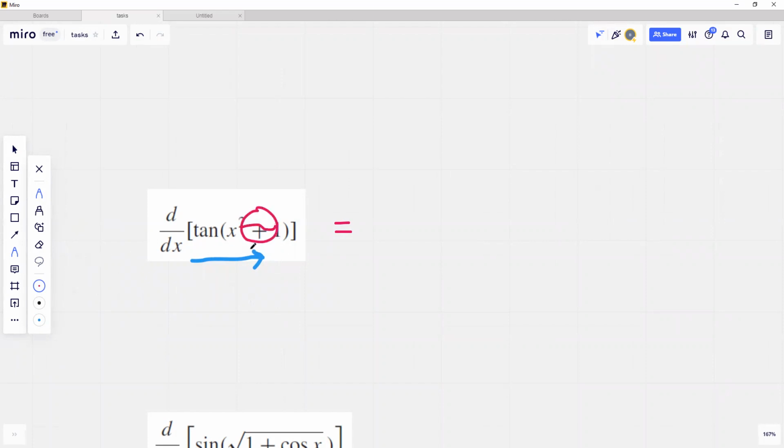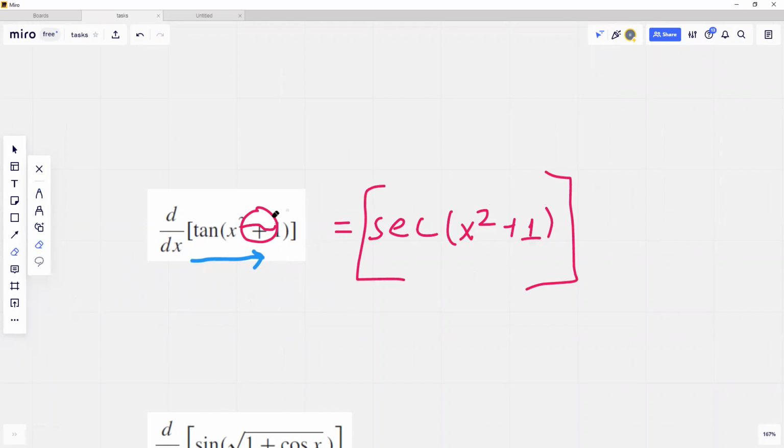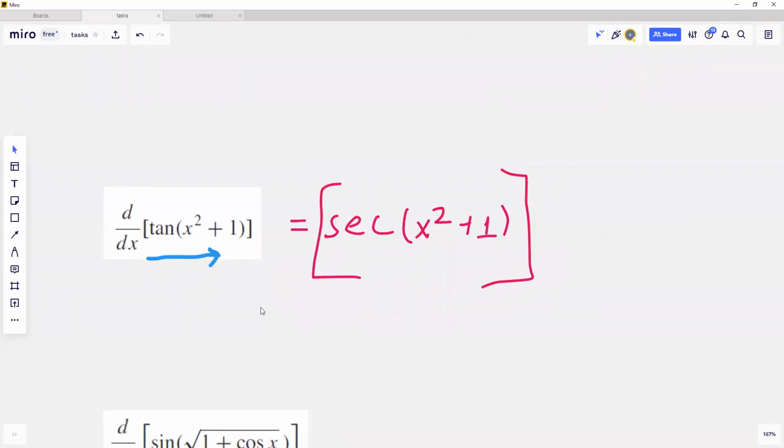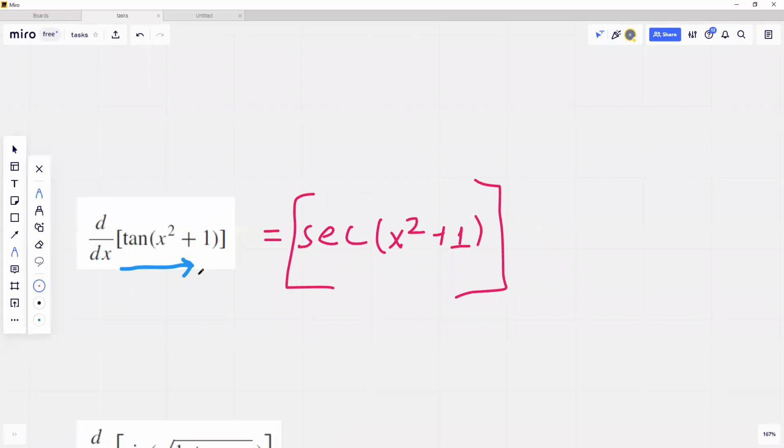Then the derivative of tangent of theta is secant squared of theta. And let's substitute x squared plus 1 instead of theta back. So we'll get secant squared of x squared plus 1. So this is our outside function. Now let's take the derivative of our inside function, which we denoted as theta. Our theta is equal to x squared plus 1, and the derivative of that by dx is 2x. So here is our answer.